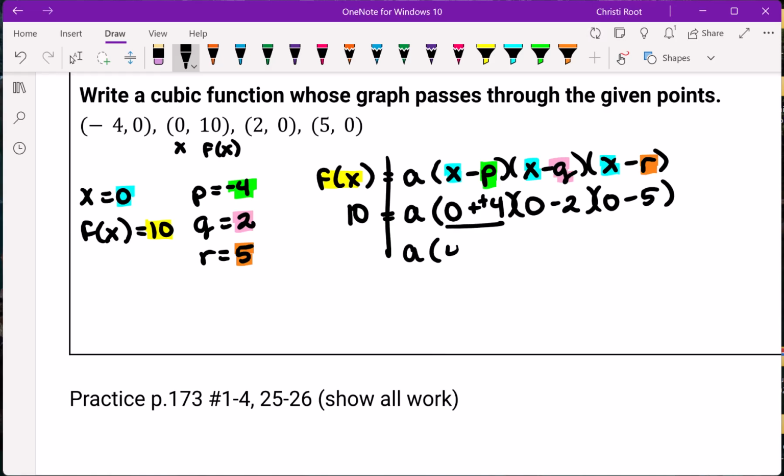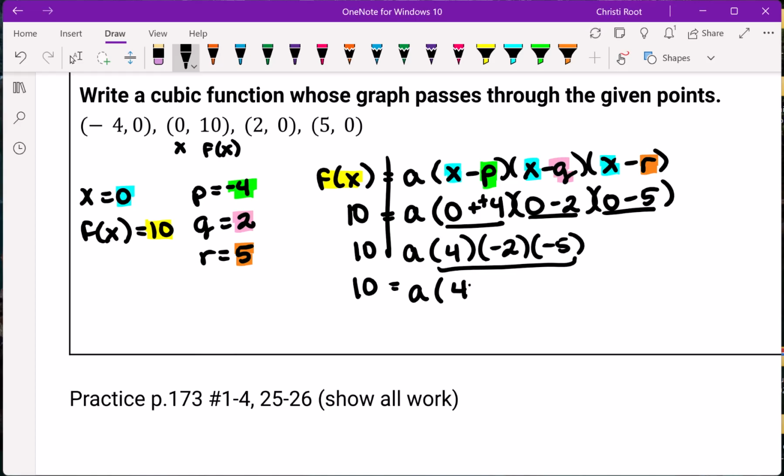That's going to be 4, that's -2, and this is -5. Then we need to go ahead and multiply these 3 numbers together, and that's going to give us 40. Divide both sides by 40, and then a is going to be 1/4. Simplify that. Okay, so almost done.